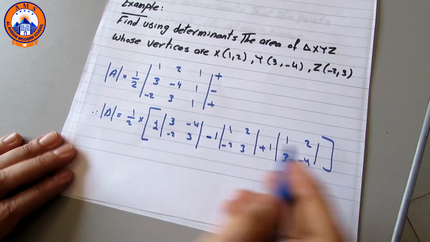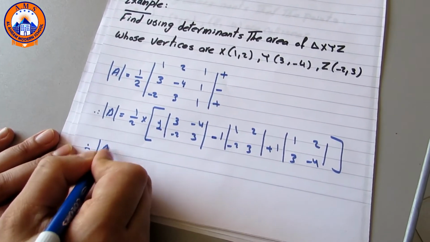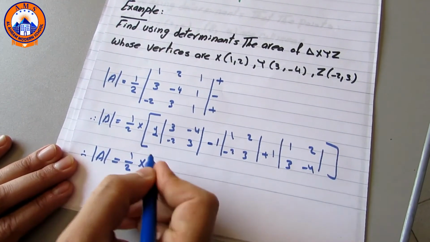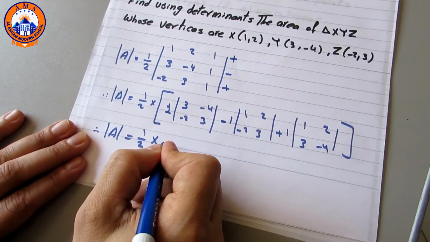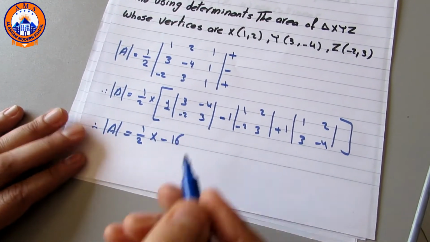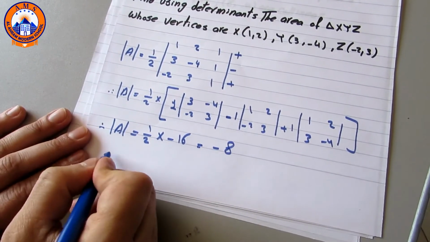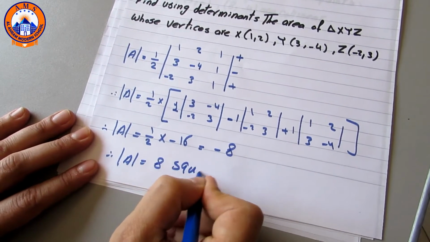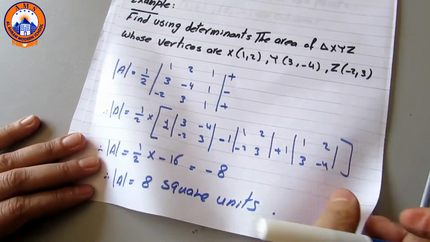And you have to find the result as previously. So the result will be half multiply the result of these determinants, it will be negative 16. Half multiply negative 16 equals what? Negative 8. So the absolute value of the area equals 8 square units.